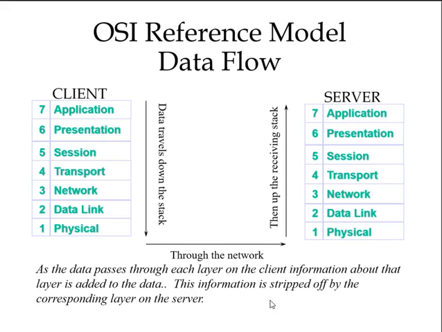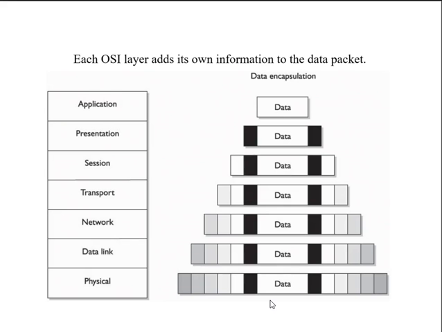All the while, this is how it works. In the app layer at the top, there's some data in the app that you're playing with. It gets appended to, which means it gets added information on how to present it, like HTML, a PDF document, a Word document, or PowerPoint. How is it going to be presented to the end user? Then it gets the session added, the transport, the network, the data link, and the physical.